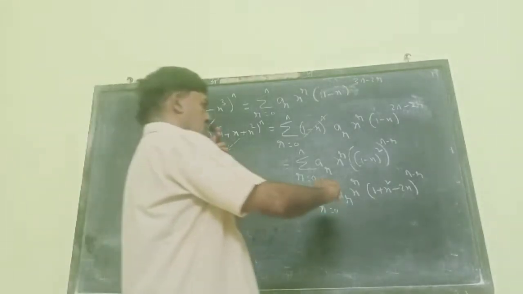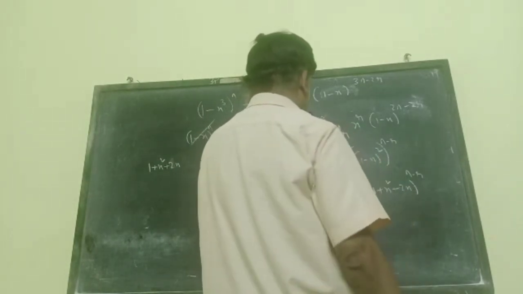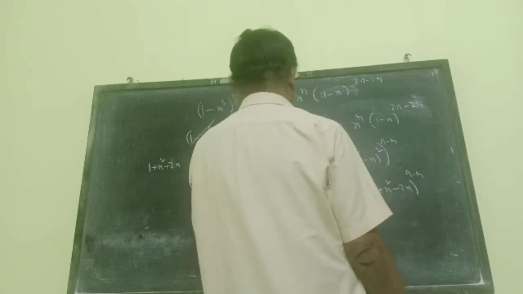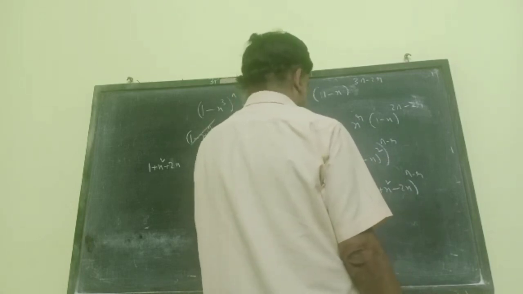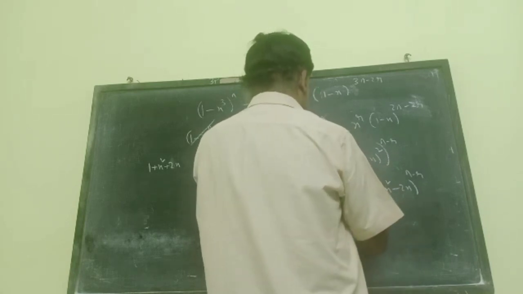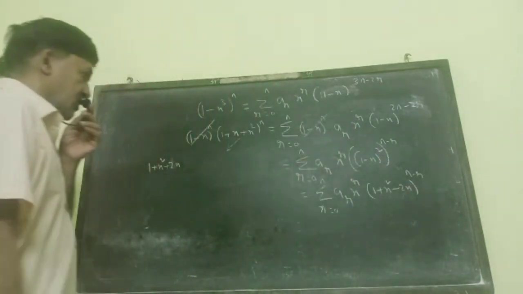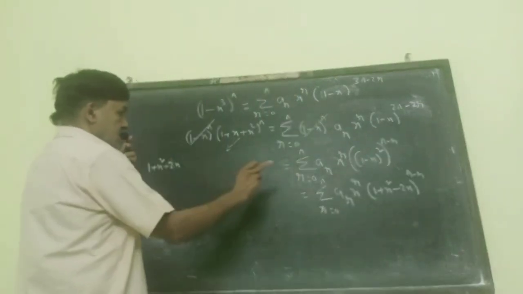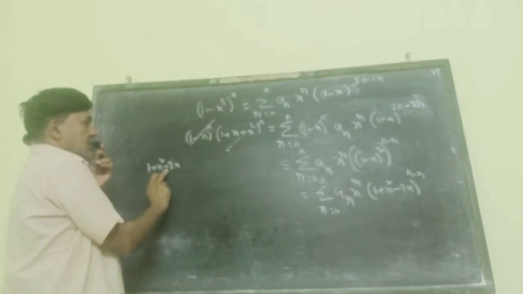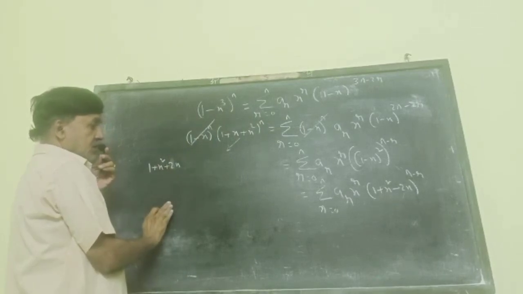One plus x square minus 2x plus x, minus x. See, you watch this. 1 plus x square, 1 plus x square whole power n is there, right?